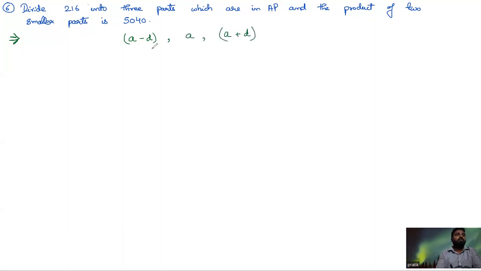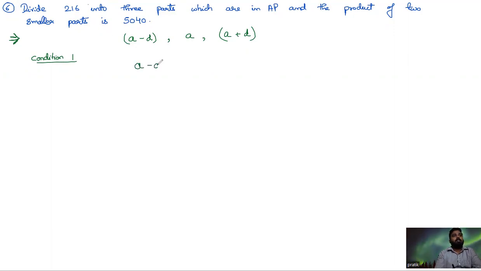So this 216 is divided into three parts which are in AP. So basically, the sum of all these should be summating to how much? To 216. So with respect to condition 1, if these are the three parts, definitely if I add all of them, what should I get? 216, which is the ultimate value.